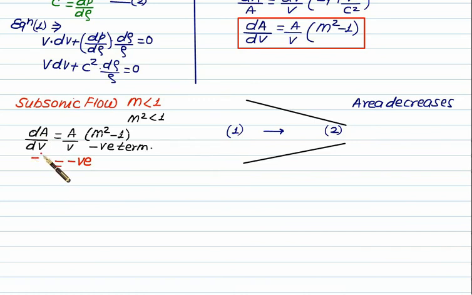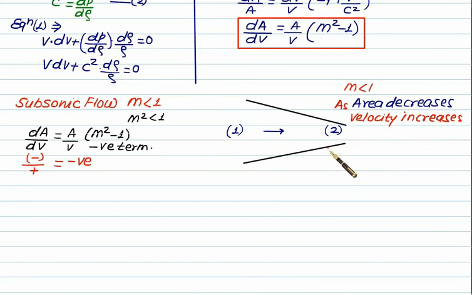Since the right hand side is negative, it means that in the denominator we want positive. A positive sign means that the velocity is going to increase. So as the area decreases in the case of subsonic flow, the velocity increases, and vice versa. That is, in the case of a diffuser, the velocity is going to decrease.